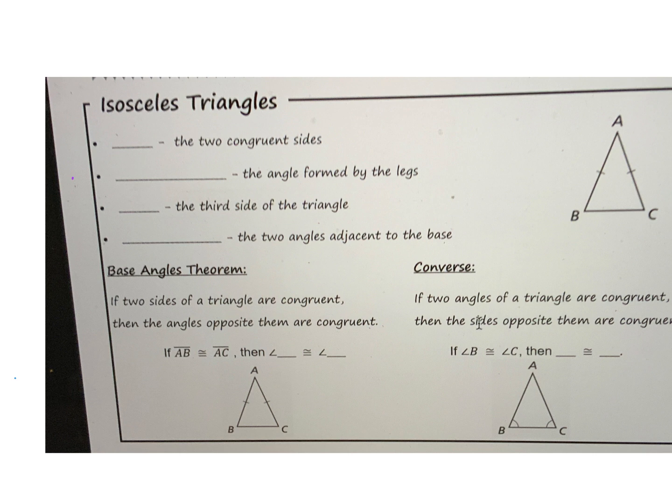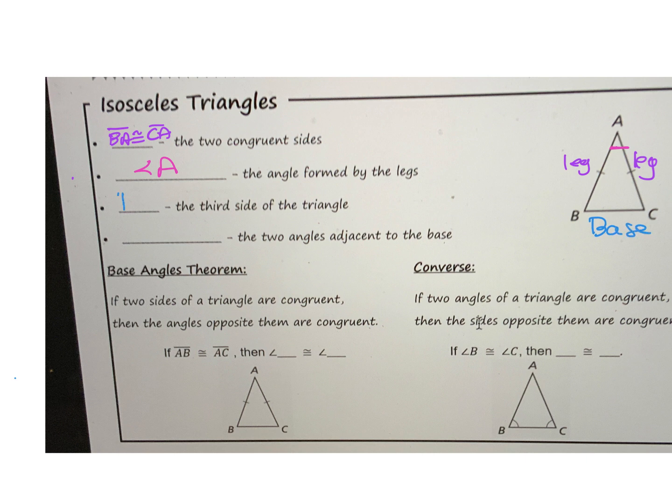All right, so the two sides that are congruent are BA is congruent to line segment CA. Those are called legs. So I have a leg here and I have a leg here. The angle that is formed by the two legs is called my vertex, which is angle A. The third side down here at the bottom is called my base.